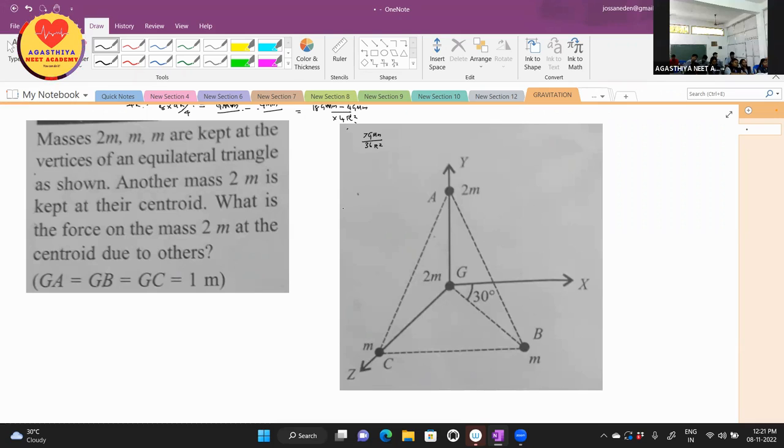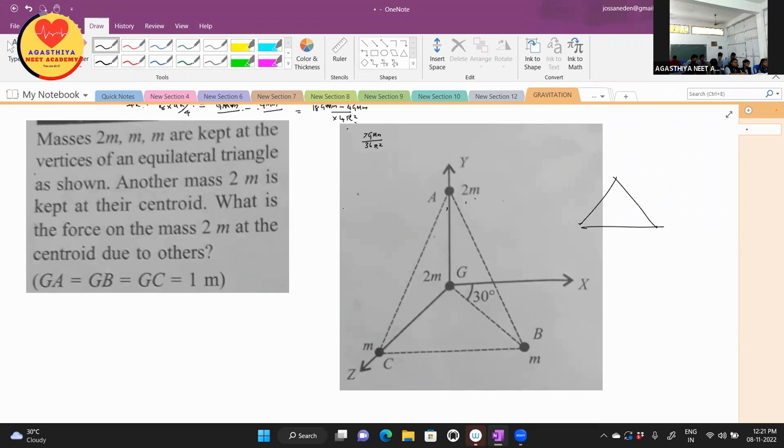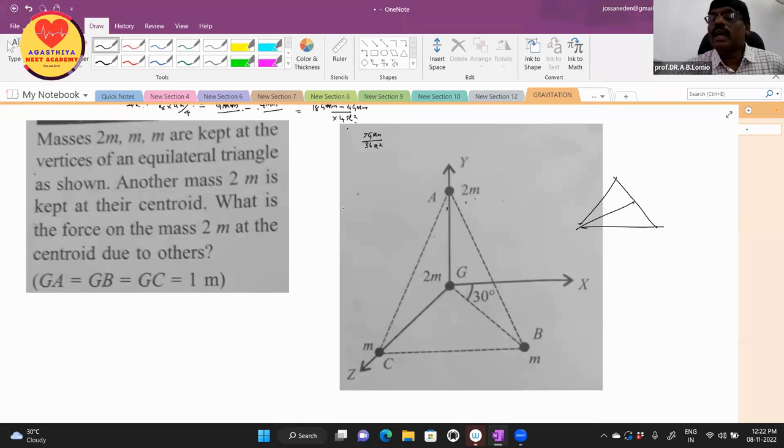The diagram is given. This is an equilateral triangle. At the centroid, another mass is placed. The centroid is the point of intersection of the lines drawn from each vertex to the midpoint of the opposite side.